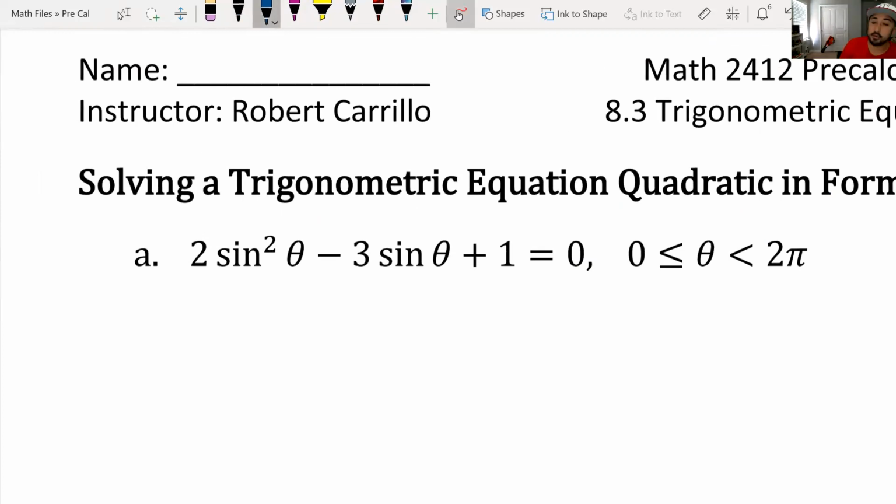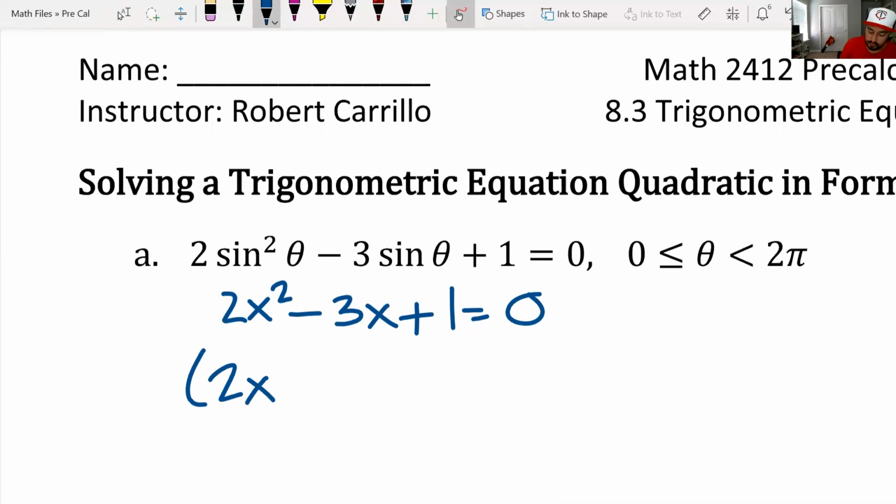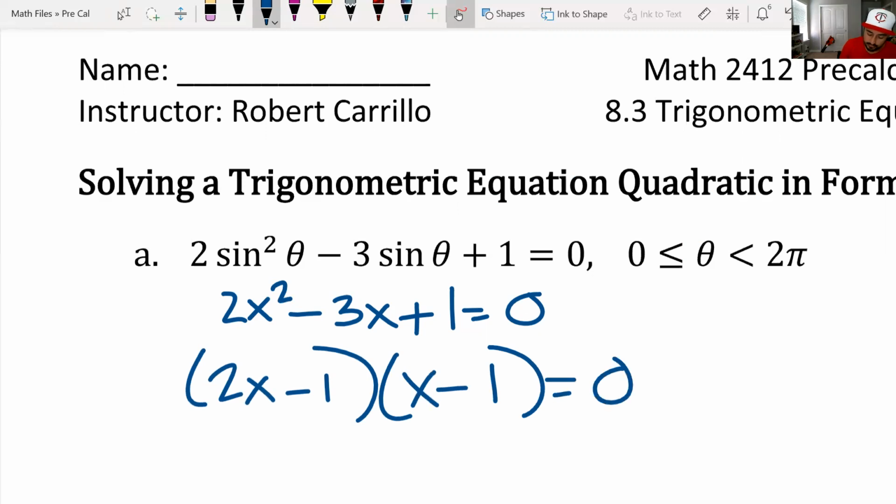And I will rewrite it so you can see it. If I wrote this as 2x squared minus 3x plus 1 equal to 0, this would factor to 2x minus 1 and x minus 1 equal to 0. 2x squared, negative 2x, negative x, negative 3x plus 1.